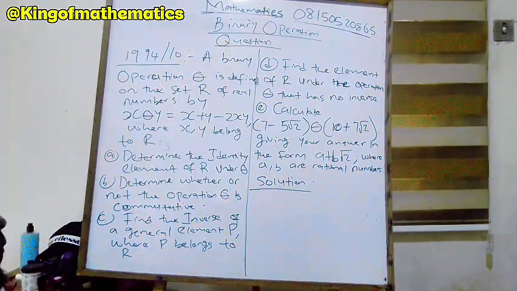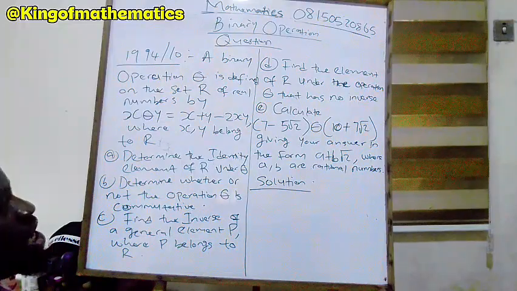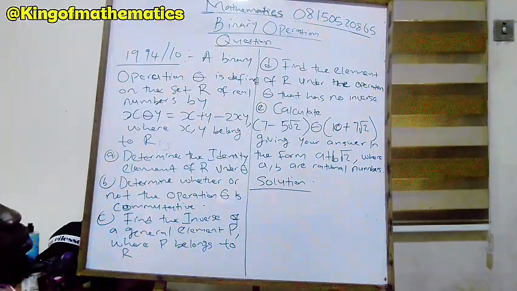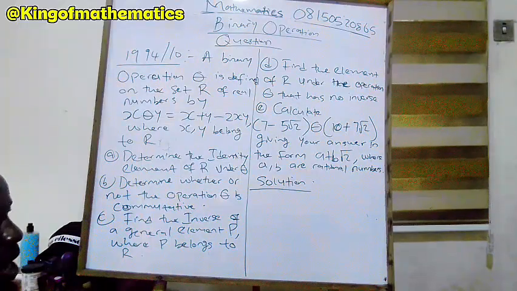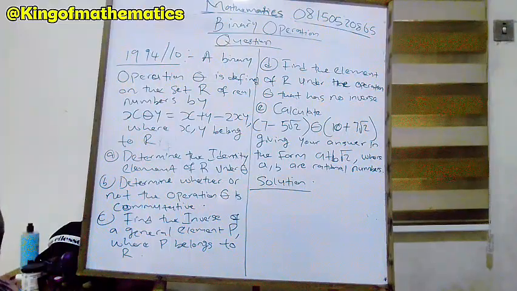D says find the element of R under the operation that has no inverse. And lastly, E says calculate (7 minus 5 root 2) operation (10 plus 7 root 2).